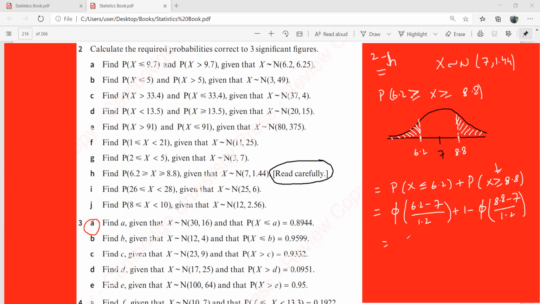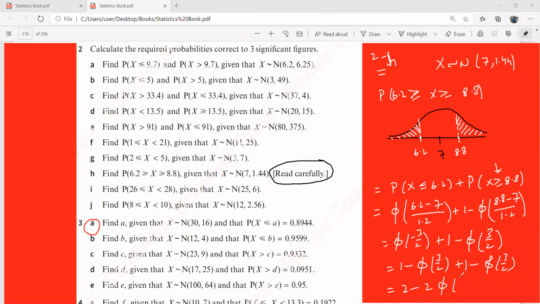If you use your calculator, let me use this calculator here. Using the calculator, I can write this as 1 minus phi of 3 over 2. This is also 1 minus phi of 3 over 2. This becomes 2 minus 2 phi of 3 over 2, and 3 over 2 is 1.5.